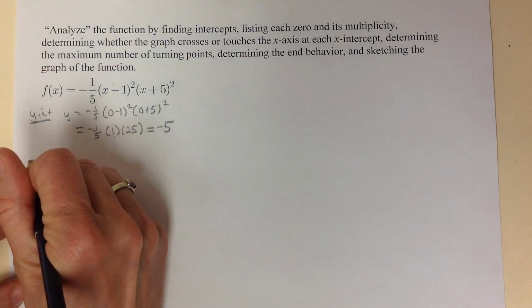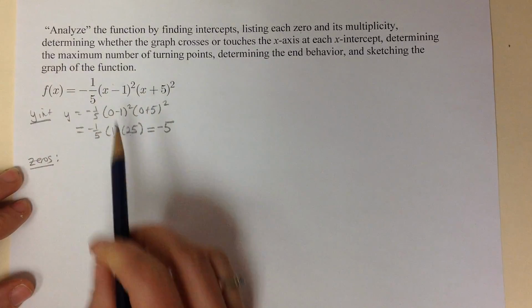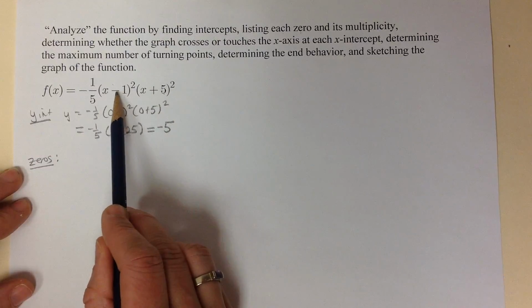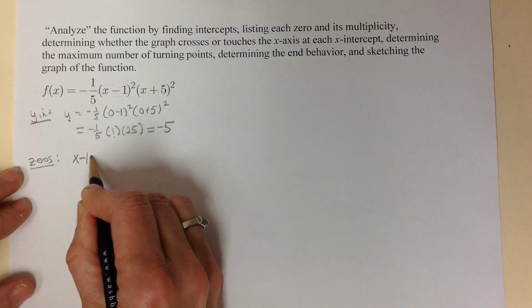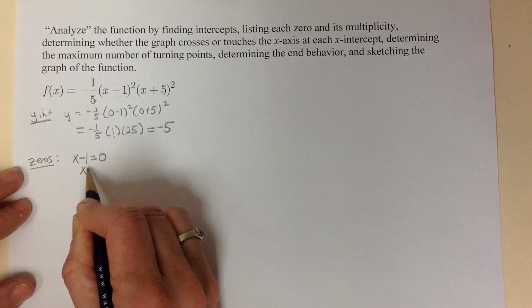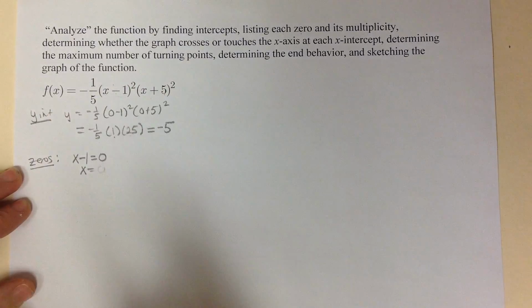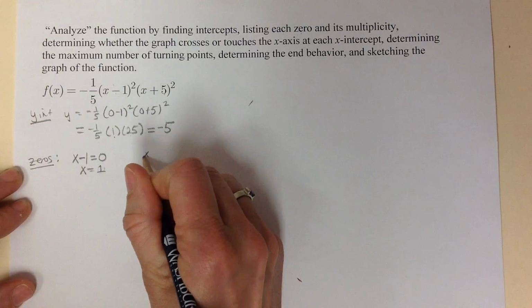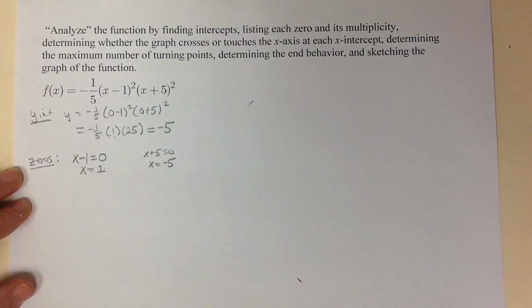Okay, x-intercepts, same thing as zeros. They come from the factors that have x's with them. If you can look at it and see it's the opposite sign, great. If not, take the factor, set it equal to 0, and solve. So the first one I'm going to get is x equals 1. And the other one I'm going to get is x equals -5.